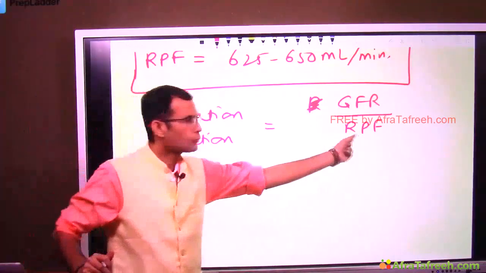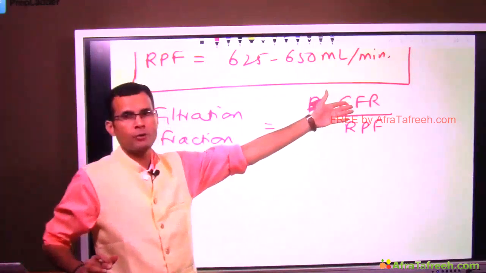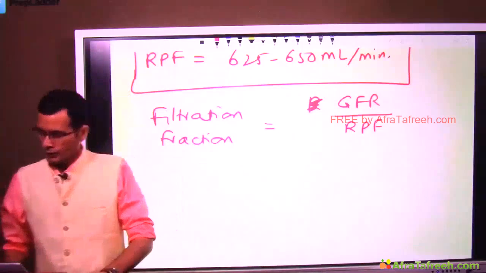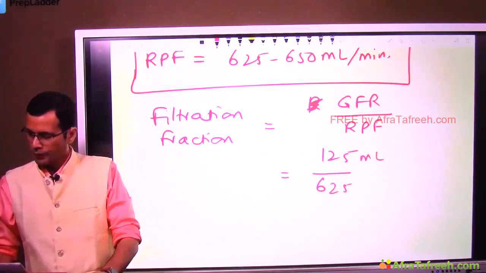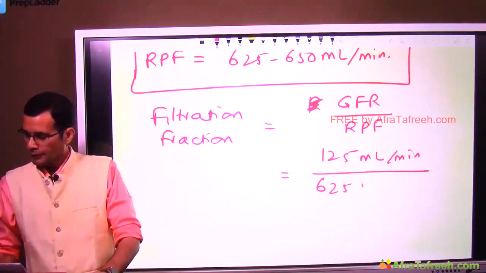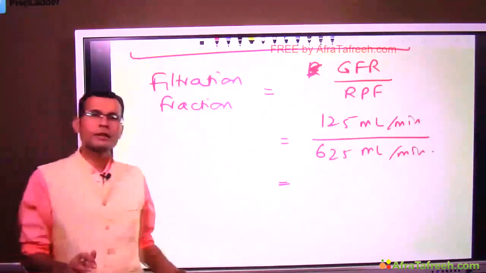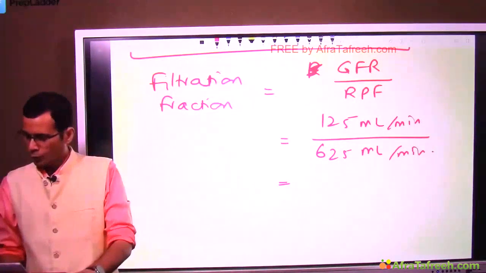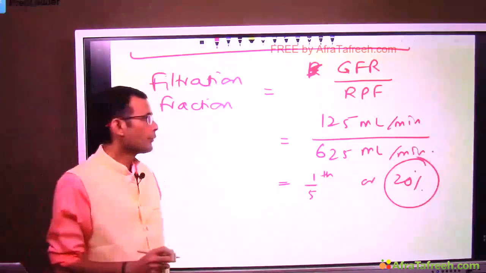This much plasma flows through the kidney every minute, and from that this much is the filtrate which is formed every minute. So 125 upon, let's say, 625 ml per minute, and that is roughly 1/5 or 20%. 20%.